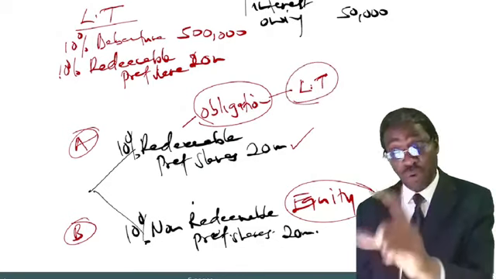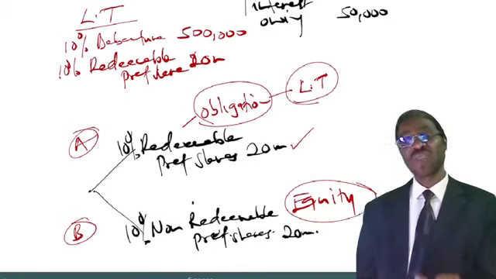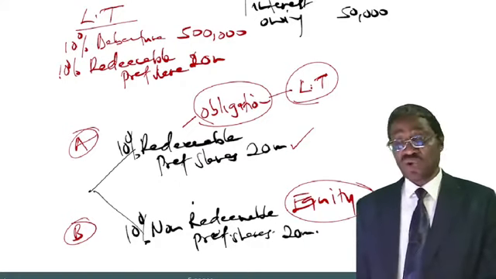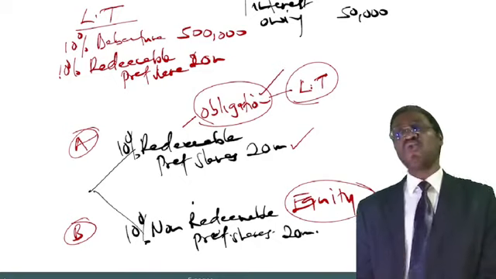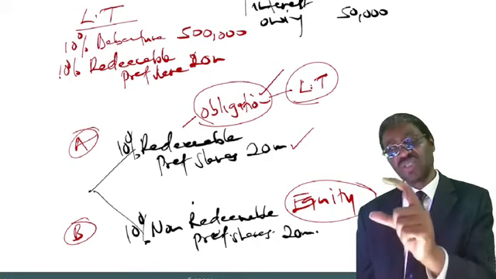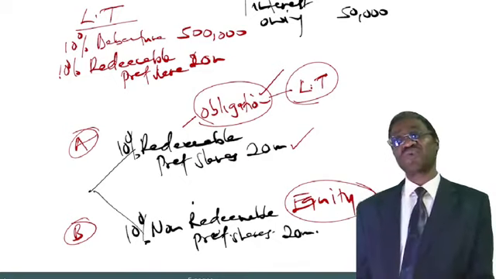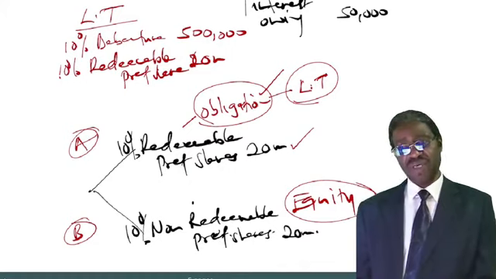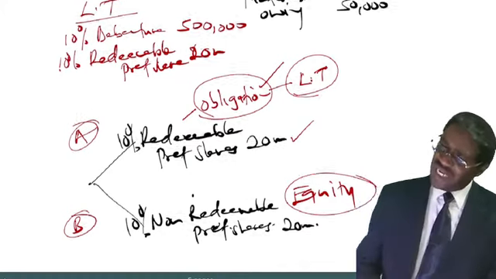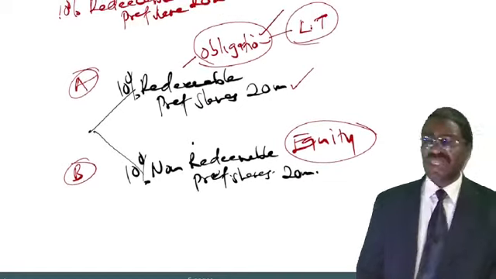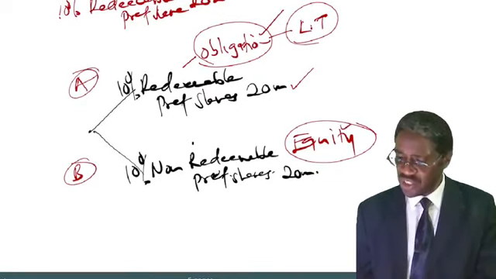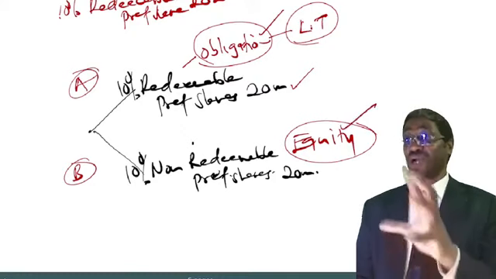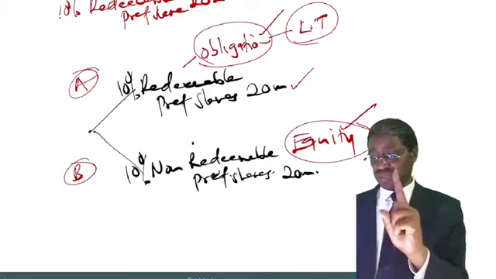The redeemable. That's important. Why? Because as the company that issued them, you have an obligation to pay back that 20 million. For the non-redeemable preference share, this company has no obligation to pay back, so take it to the balance sheet as a component of equity.